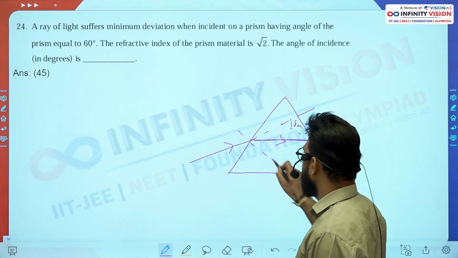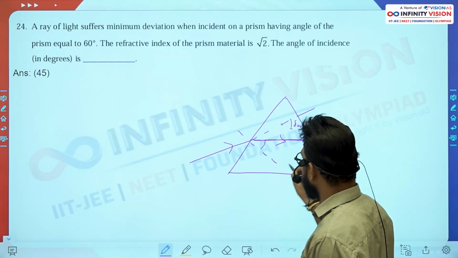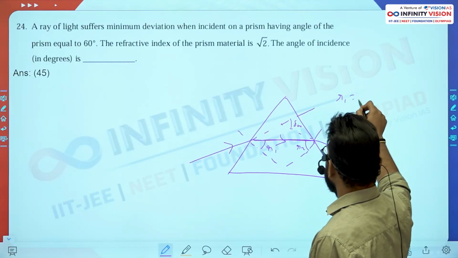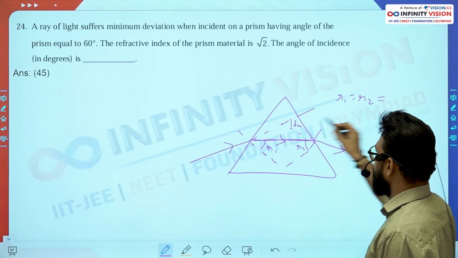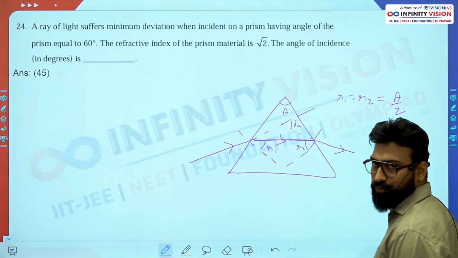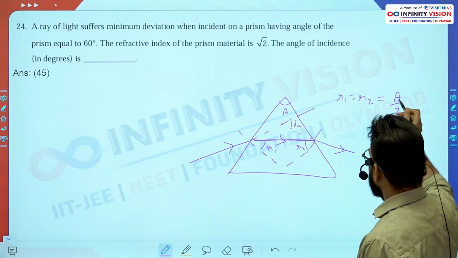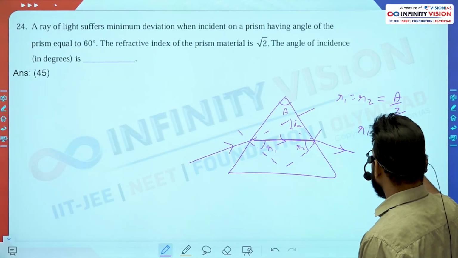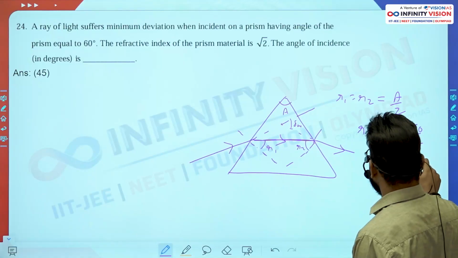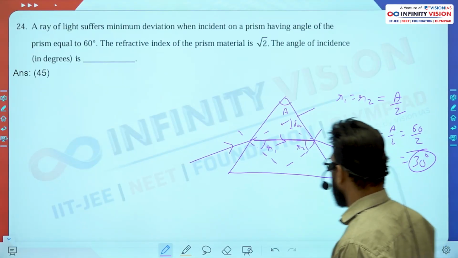It can only happen when the angles of refraction r1 and r2 are equal, and together they make the angle of prism, so r1 equals A by 2. The angle of prism is already given as 60 degrees, so 60 by 2, and r1 comes out to be 30 degrees.